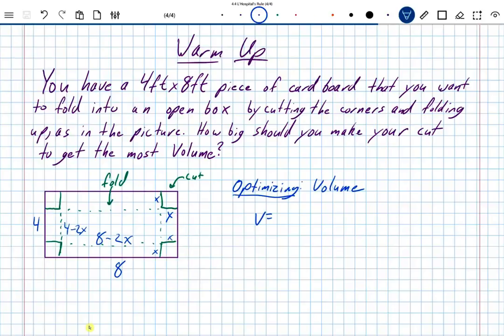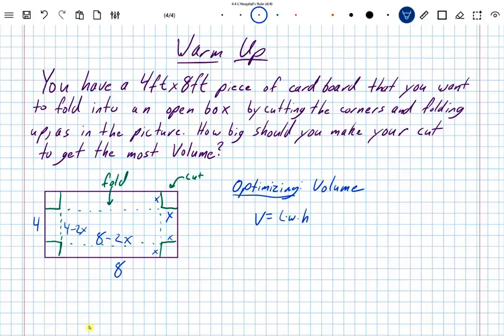So the height of this box, well, let's just do length times width times height, just to get you started. But really for us, that base will be 4 minus 2x times 8 minus 2x. That's the area of that rectangle, this base right here, times the height.